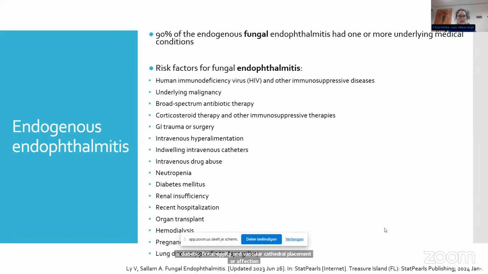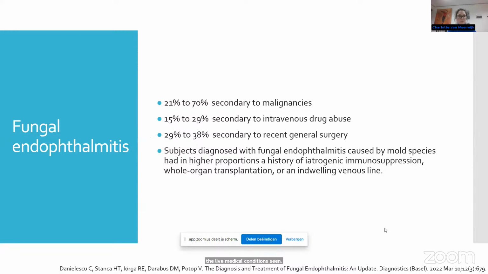This is another study, and it's also a long list, but to summarize, there are many reasons that a patient can be vulnerable and immune compromised, depending on their systemic health status. This is about fungal endophthalmitis: in 90% of endogenous fungal endophthalmitis, one or more underlying medical conditions were seen.